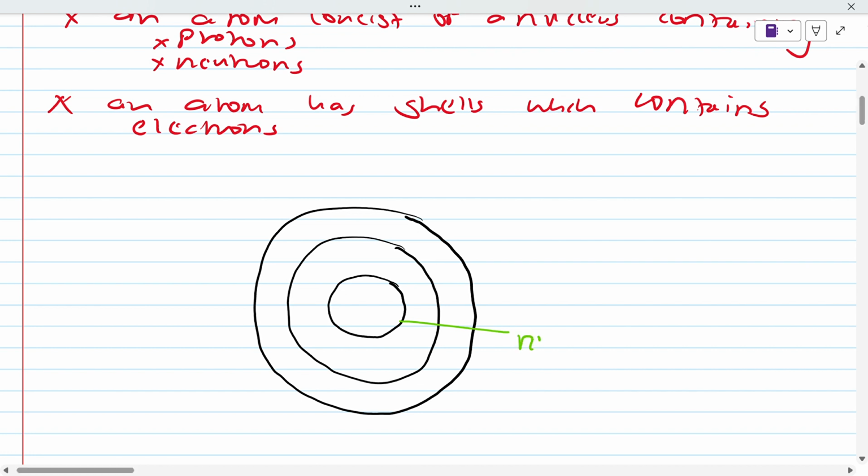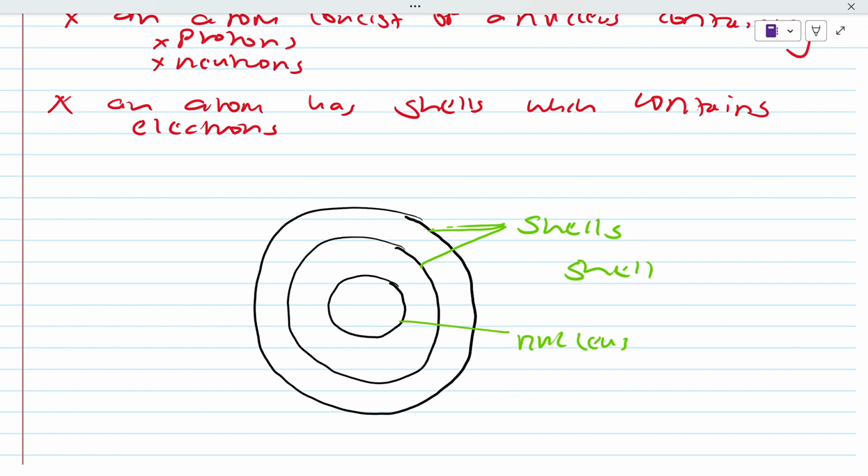This one is going to be my nucleus, and these ones are going to be my shells. When it is singular, we call it shell, and it is one.